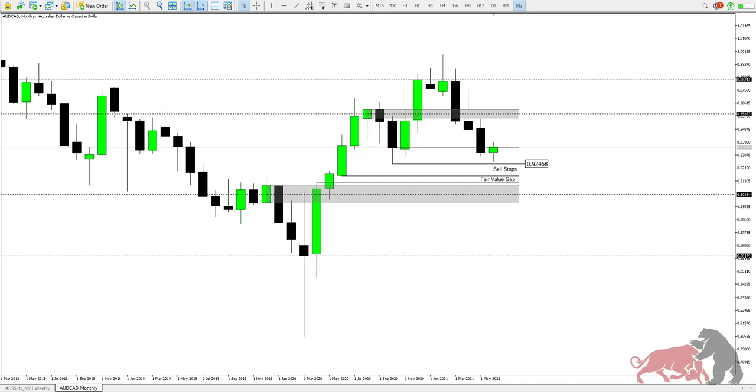So that's basically the target if you're going to be shorting AUDCAD. Ultimately, price is going to trade lower than 0.92460.